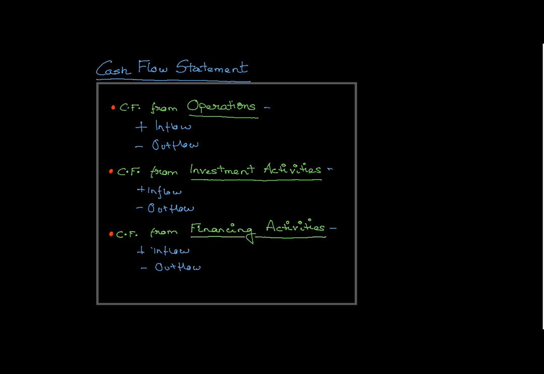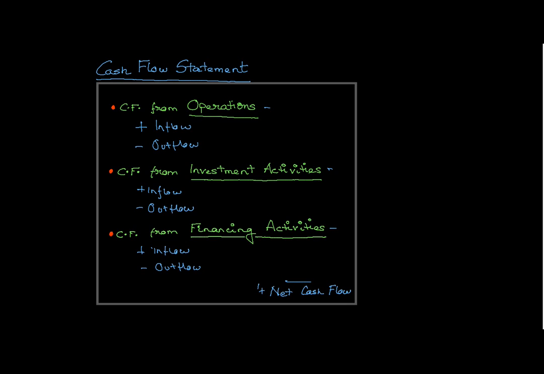Okay, after getting all these 3, one gets to see in the cash flow statement the net cash flow. So if this value is positive, that means over the defined period of time, the company actually gained cash.